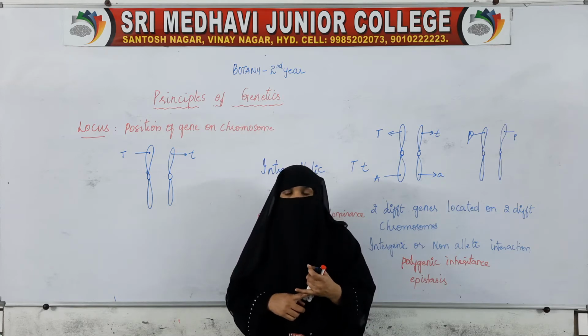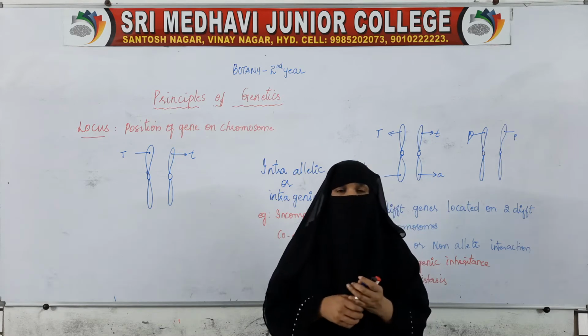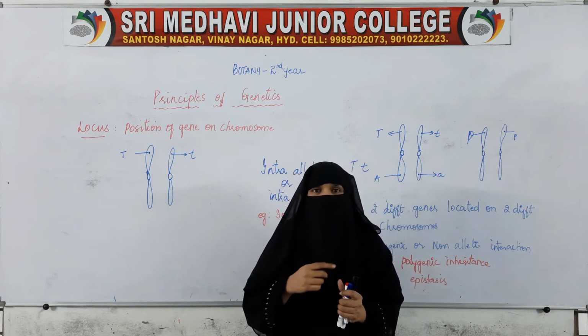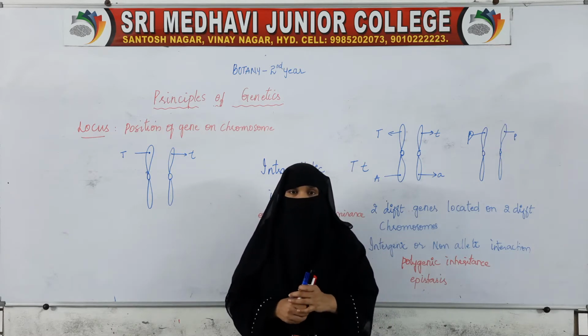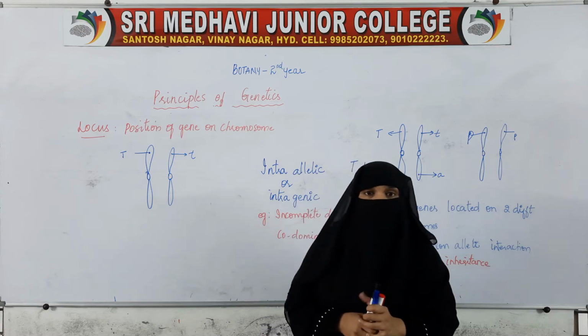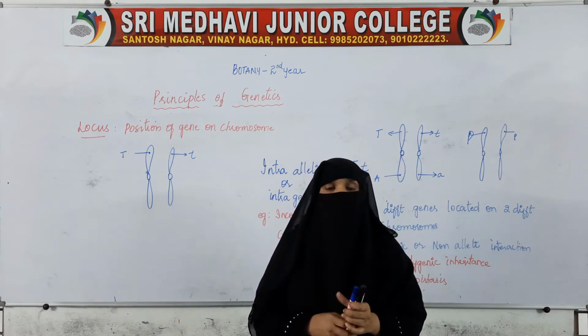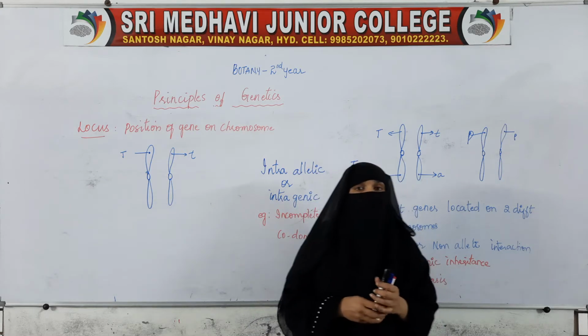But after so many years, we have seen that apart from this, there are deviations from Mendel's principles. Some organisms have shown deviations from Mendel's principles. So what are those deviations?